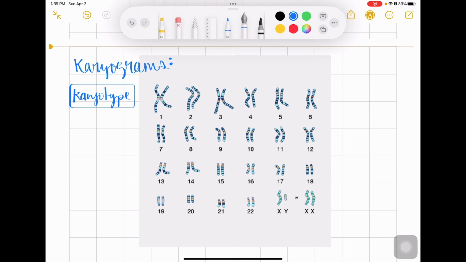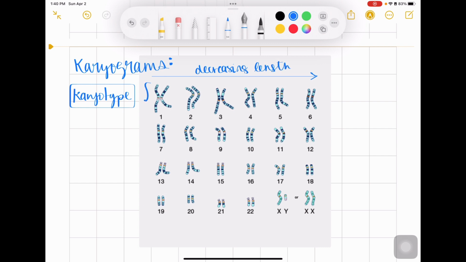But when you take a picture of this karyotype under a microscope and organize the chromosomes from decreasing length, it's considered a karyogram. So it's important to note that these chromosomes are organized in decreasing length.